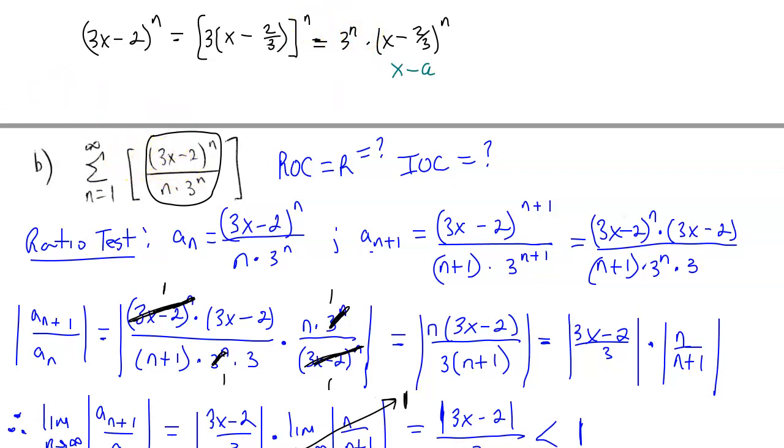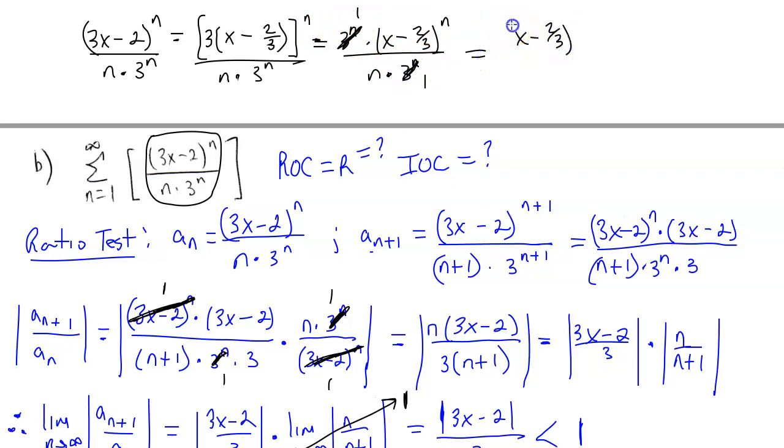So if I was to take this now and divide it by n times 3 raised to the n, and do that here. Let me erase this. And do that here as well. You'll see that these 3 raised to the n's would reduce to 1. And what I would actually have is this situation here.